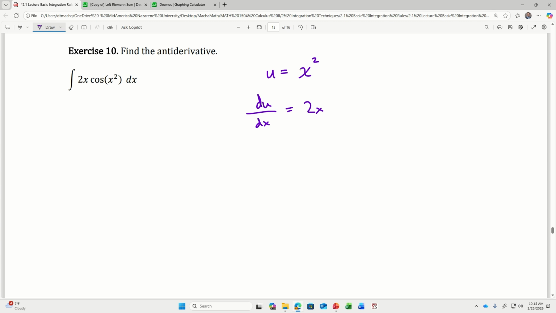And that means if I see something like 2x dx, I could replace it with du. Let's go ahead and rewrite this as cosine of u du. I replaced the x squared with a u, and I replaced the 2x dx with a du.